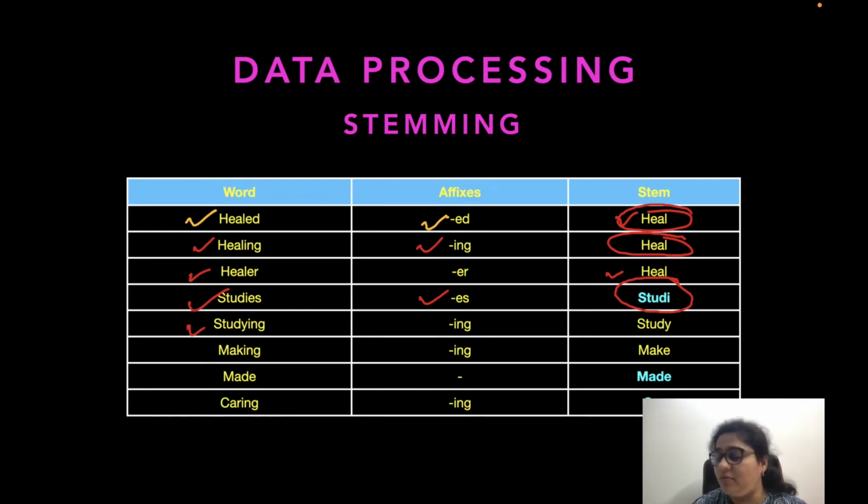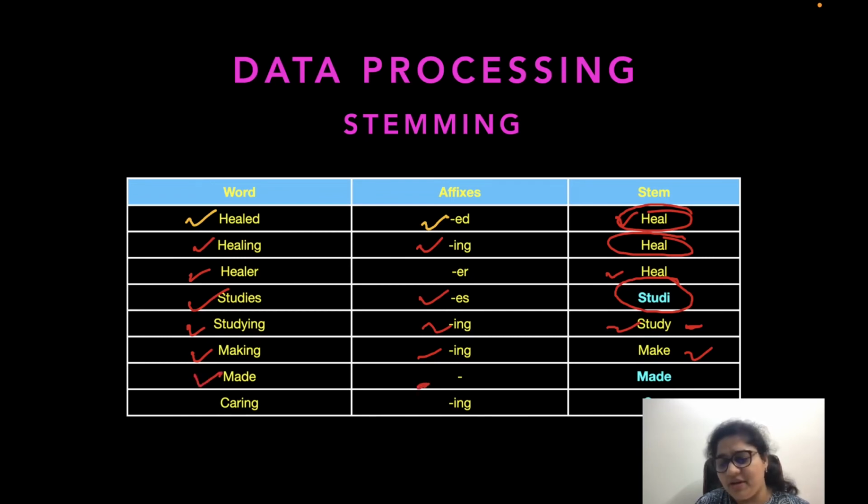Studying: remove ing, getting study. Root word, base form, good, right? Moving on. Making: remove ing, getting make. Perfect.